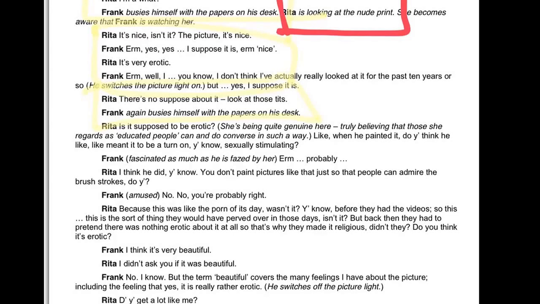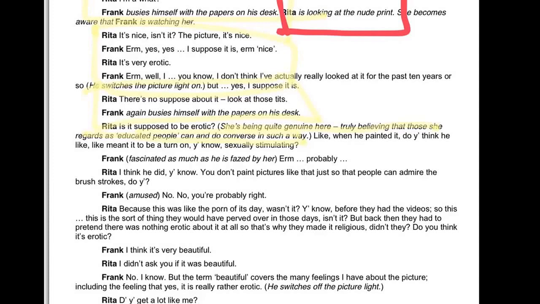Now, the interesting part is looking at the stage directions, and it's really important to look at stage directions when analysing a drama piece. They're not actually visible to an audience, but they're the directions that the playwright wants to ring through, and you want to consider the reasons for that.